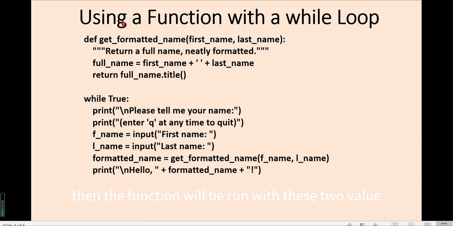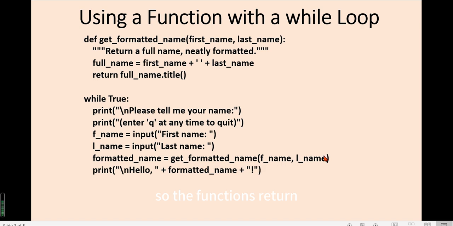Then the function will be run with these two values, and the return information will be returned to the formatted name here, because we use formattedName equals getFormatTheName function with the input values.